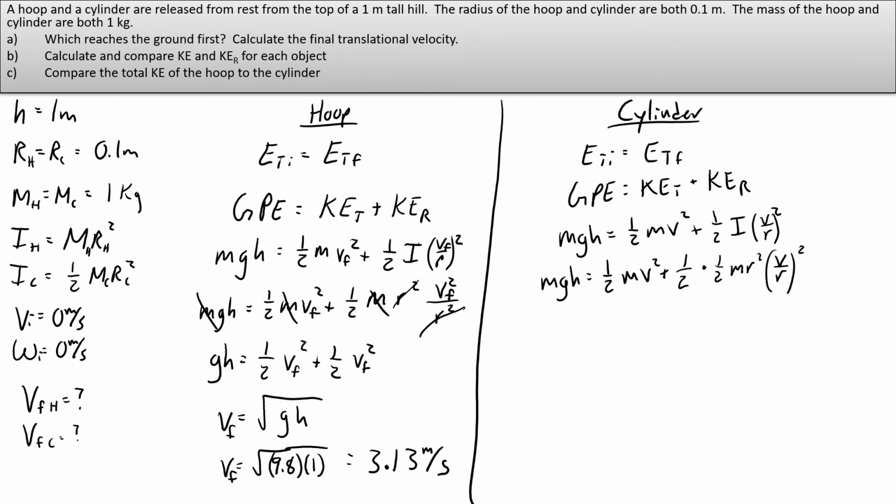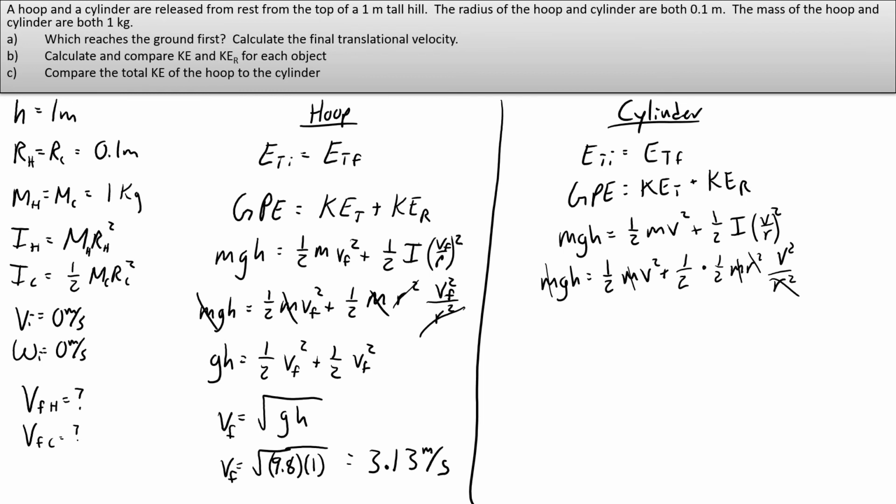All right, now you can see it's going to be a little bit different. We are going to do the trick where we square what's inside those parentheses, and that allows us to cross off r squared and r squared. You can divide the whole equation by m. Those all cancel out.